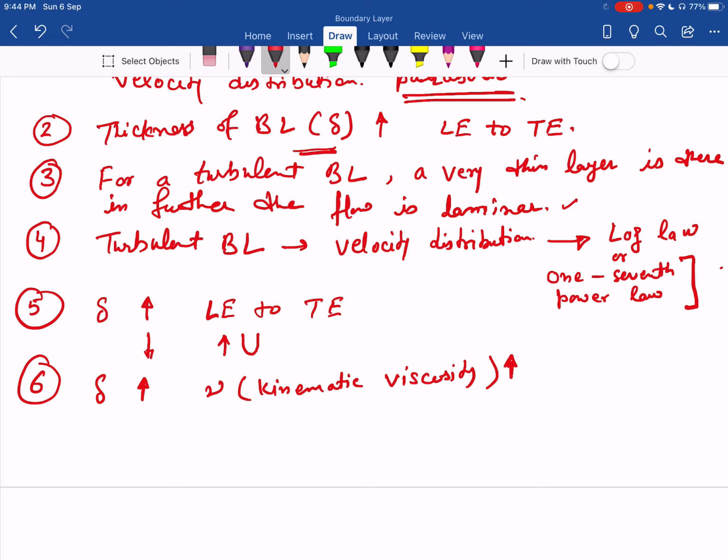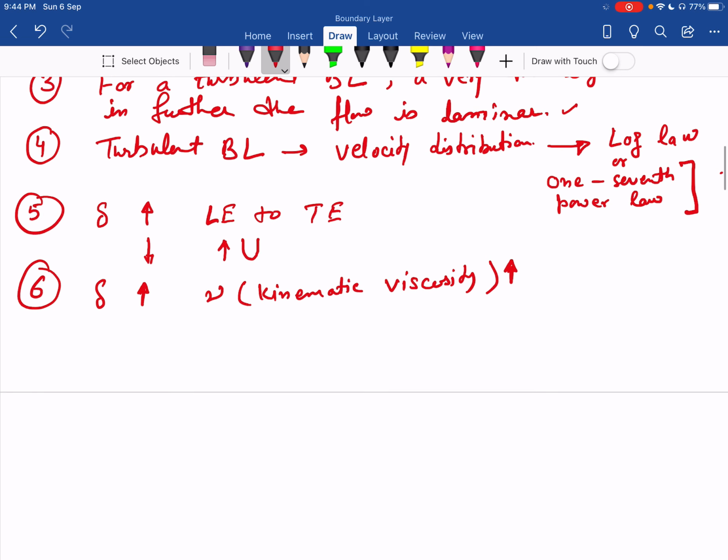If the kinematic viscosity of the fluid increases, you have a greater value of boundary layer thickness, delta.